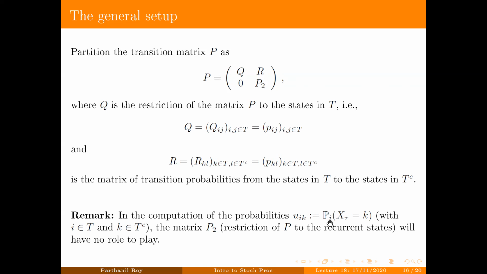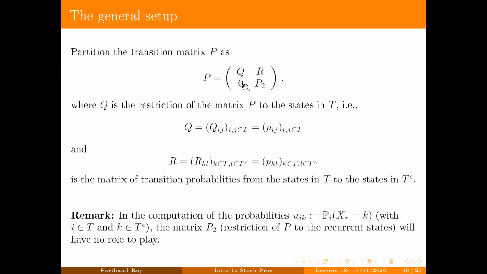Now, what is u_iK? u_iK is about starting from i, where i is a transient state, and hitting a recurrent state for the first time at K. So that means starting from i, you will always stay within the transient states, and finally you will hit K as your first recurrent state.